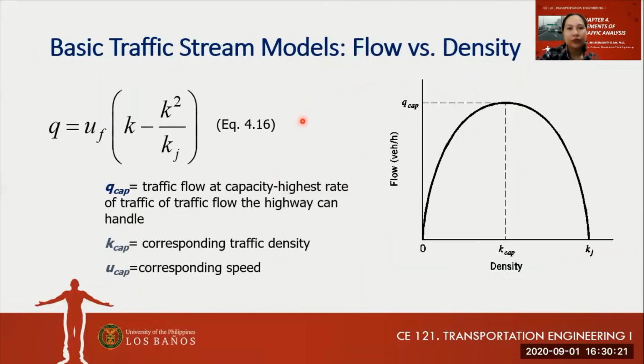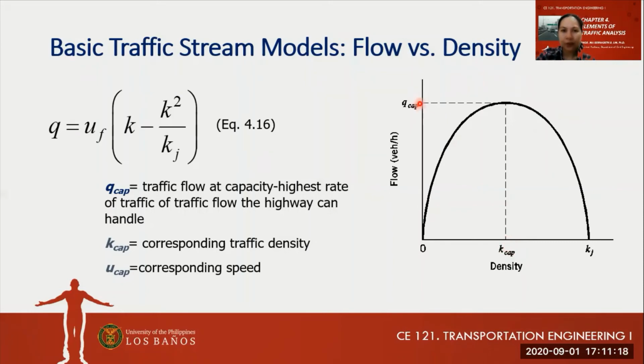This slide shows you the relationship between the flow and the density. Looking at this figure, the x-axis is the density and the y-axis is the flow in vehicles per hour. Notice that from 0, the highway has a certain capacity of traffic flow, and it has a certain maximum capacity.